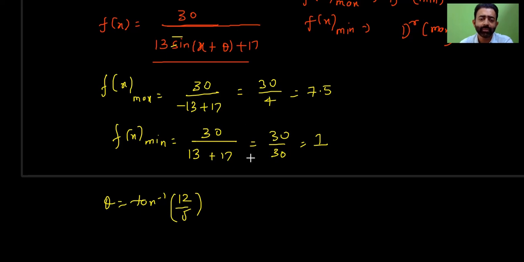When sin(x plus theta) is minimum, it is -1, and it is -1 at -π/2.